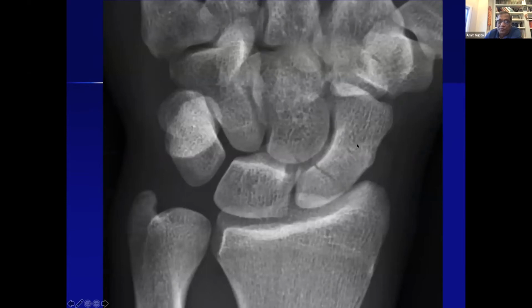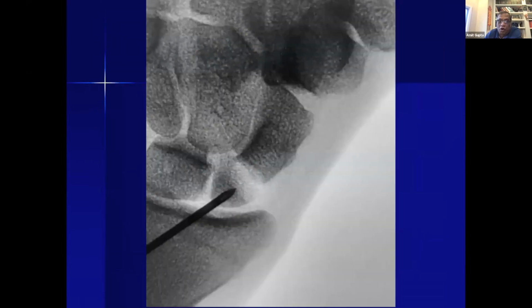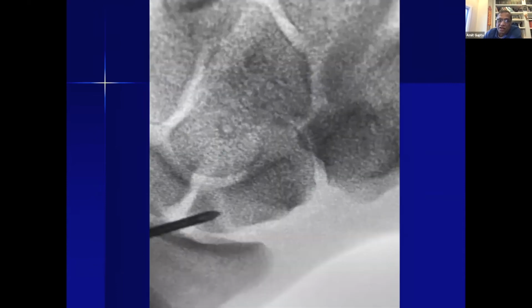However, when you take him to the OR and put a pin in it, you see that this is very unstable and you can really separate the fragments. So this would have possibly gone into non-union had it not been fixed early. This shows the dorsal exposure, minimal exposure on the dorsal side, putting a 14 gauge angiocath in, and then a guide wire, which is then driven into the distal portion.